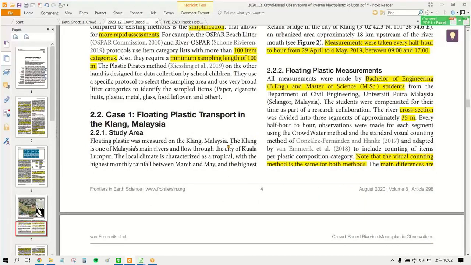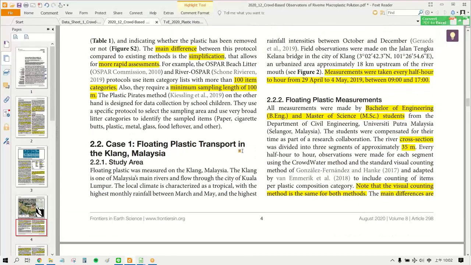Okay, they have some information about the survey locations.